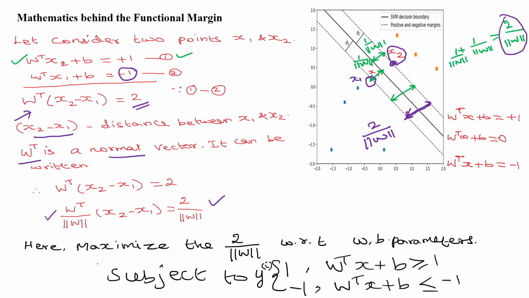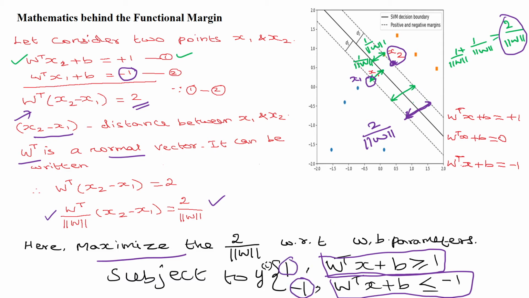So we have to maximize this distance with respect to the constraints: w transpose x plus b greater than or equal to 1, or w transpose x plus b less than or equal to minus 1. Here minus 1 is the negative class and positive 1 is the positive class.